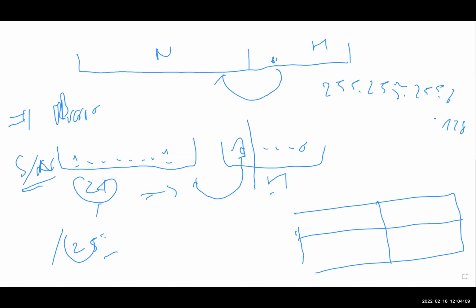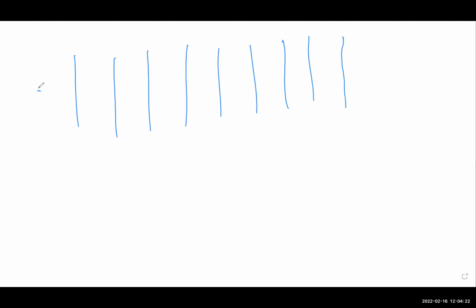Now, let me do the conversion here. So remember for the octet, you have 8 bits. We have bit number 0, bit number 1, bit number 2, bit number 3, number 4, number 5, number 6, and number 7.